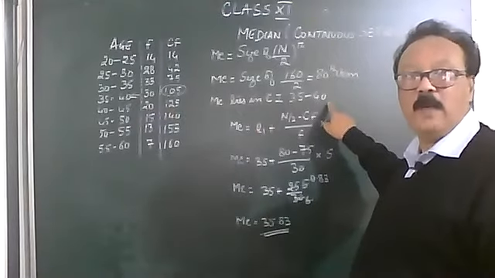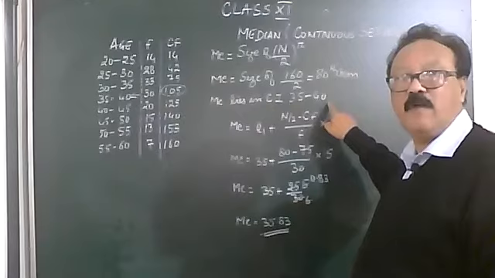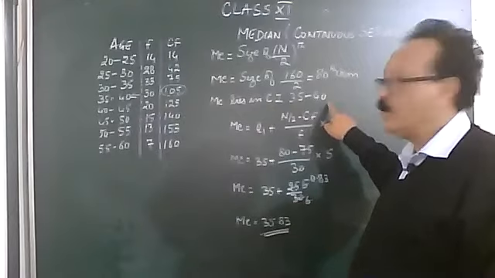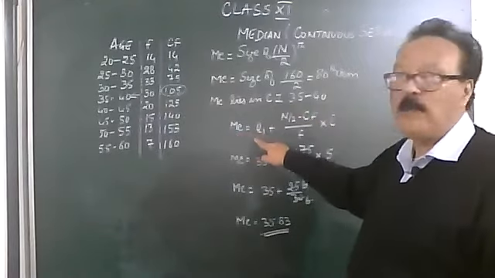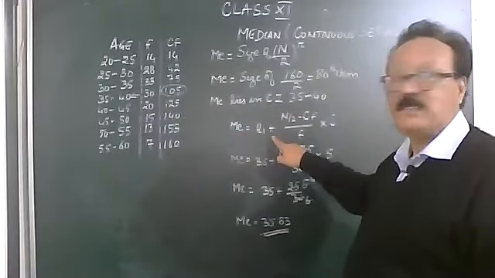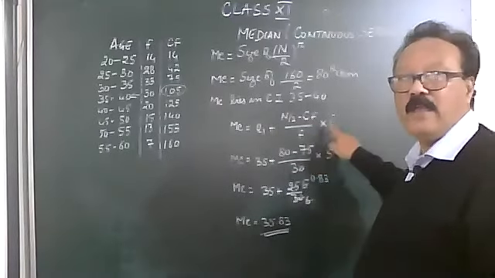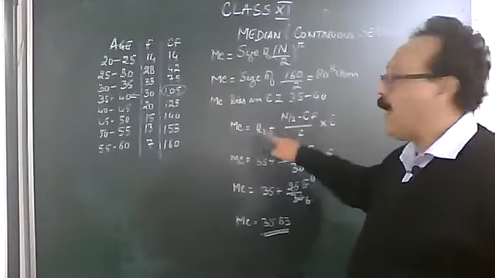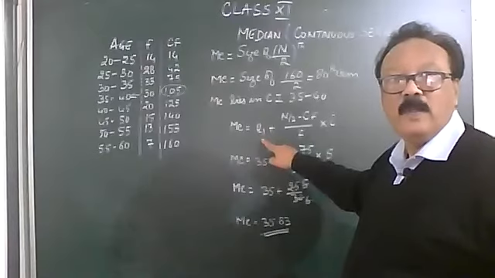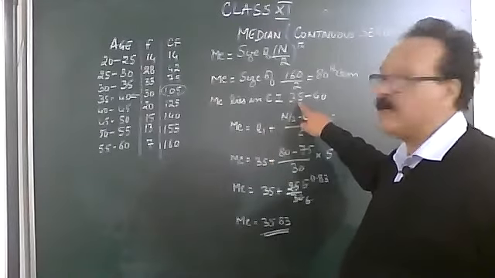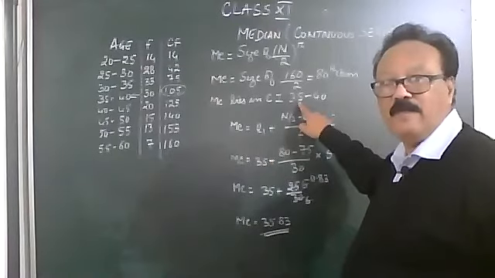To find that value, there is an extension in the formula which says median is equal to L1 plus n by 2 minus CF upon F into I, where L1 stands for the lower class limit, that is 35.